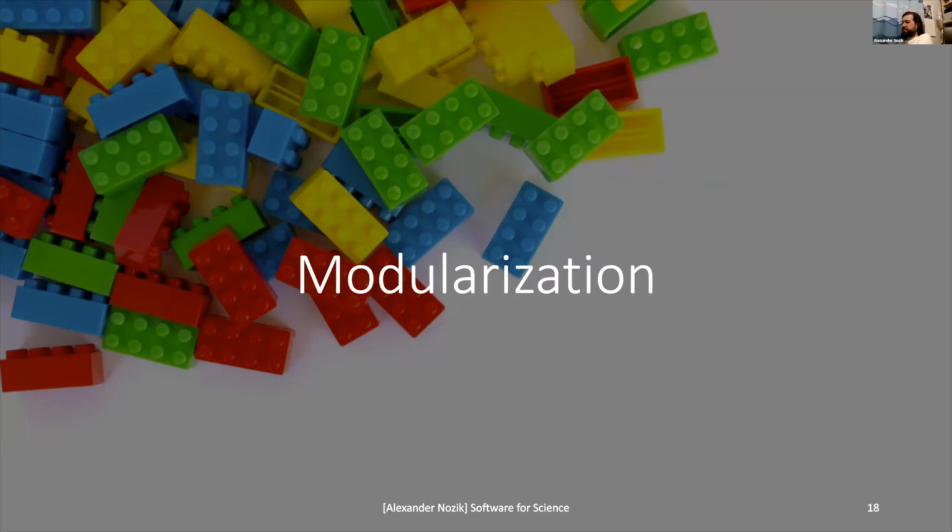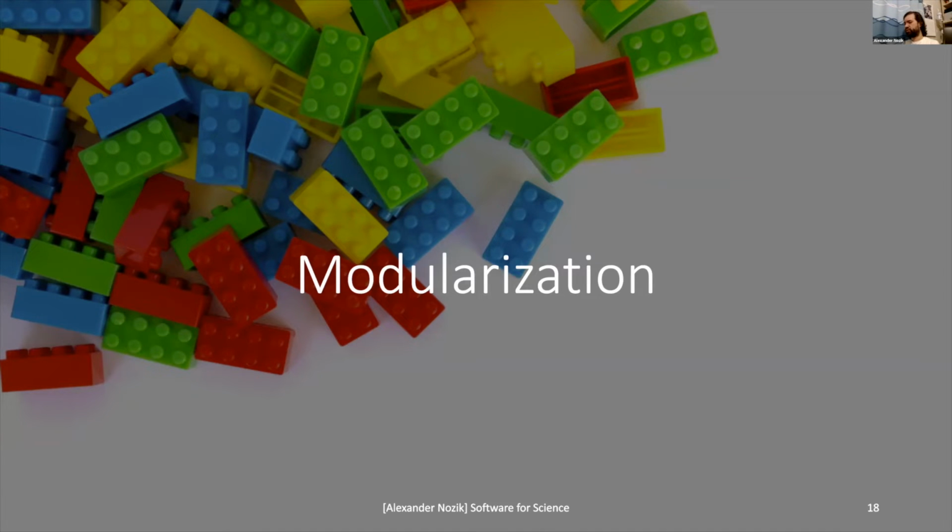The second thing, and here we have a lot of new things in software engineering in the last several years, is modularization. I mean, now we have a new understanding and new tools to separate our code into different modules and different parts.